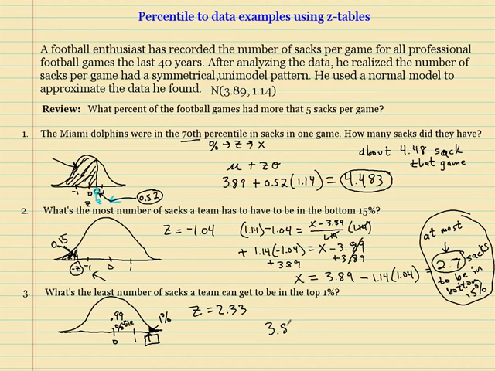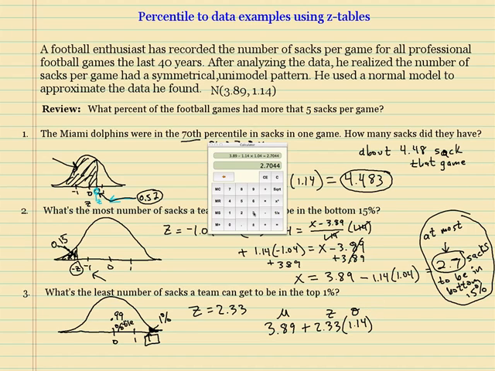It's going to be 3.89, which is mu, plus 2.33 times 1.14, how many standard deviations. So 6.54. You need at least 6.54 sacks, say 6.55, I'll round, to be in the top 1%.